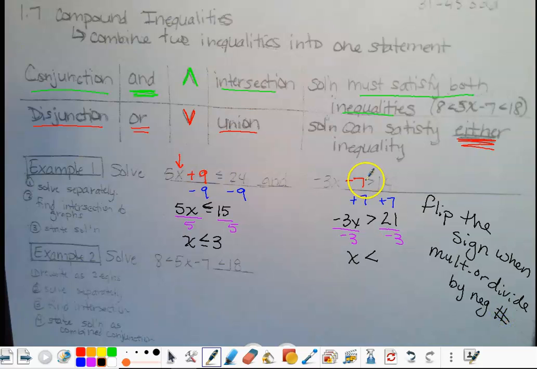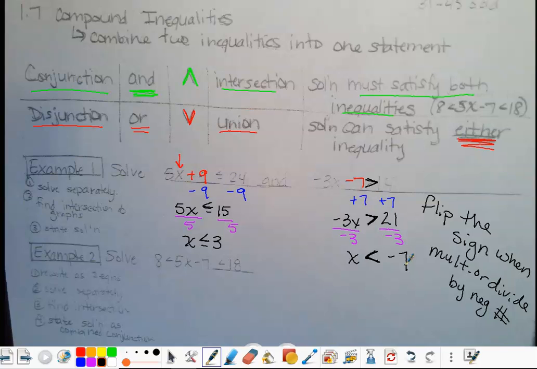We had a greater than sign, and we changed it when we divided by the negative 3. So now it's less than. And 21 divided by negative 3 is negative 7. So x is less than negative 7.